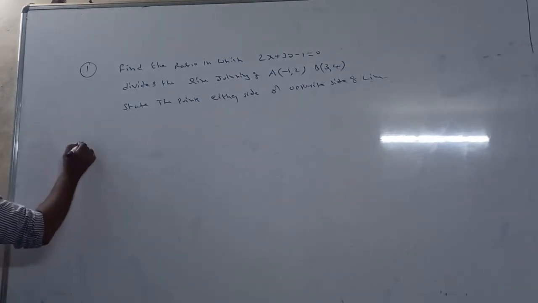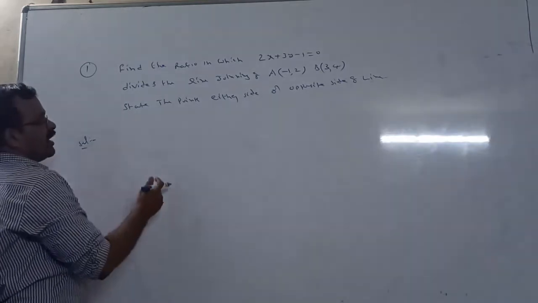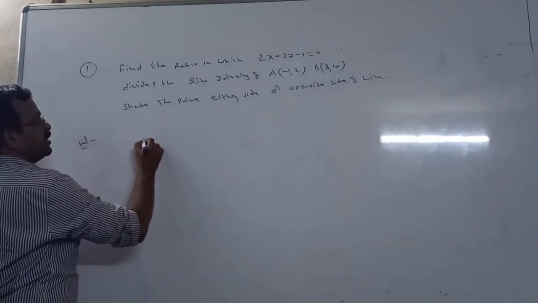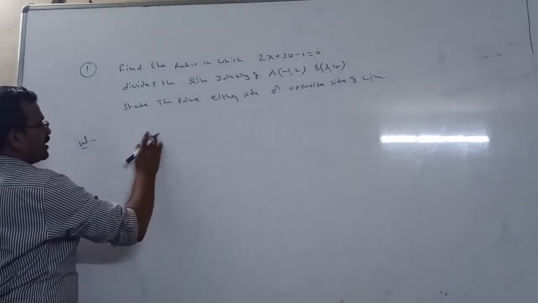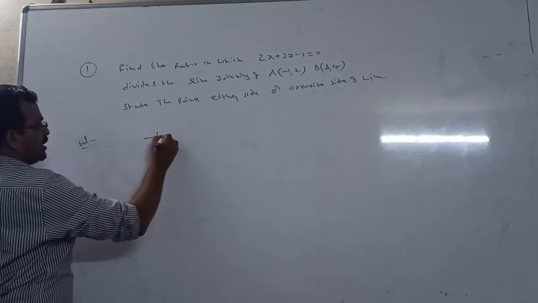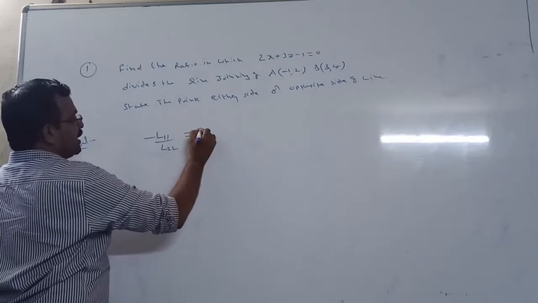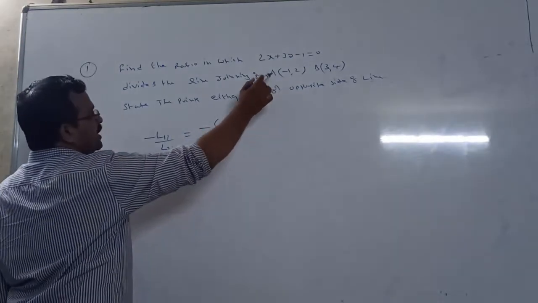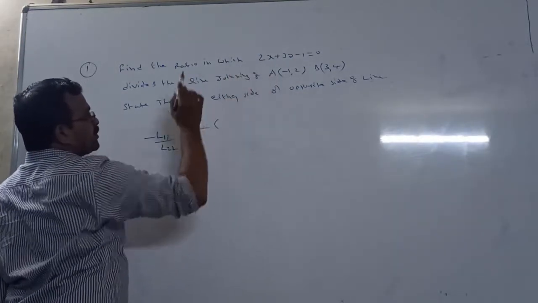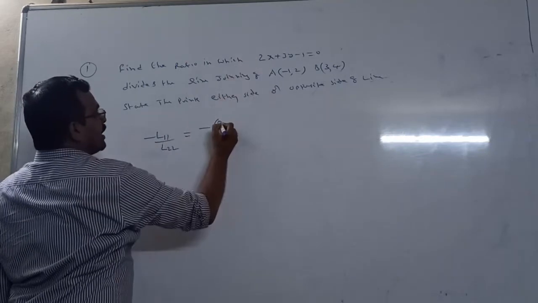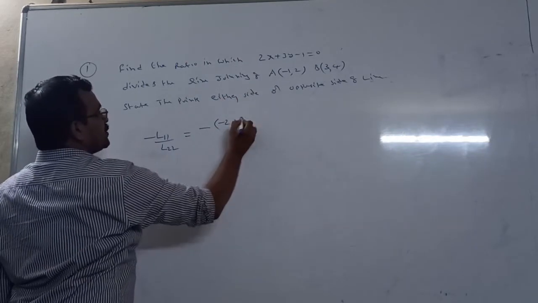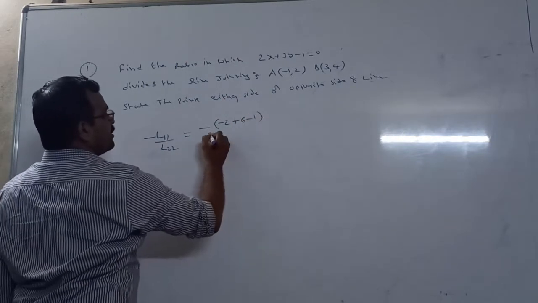So how do you use this concept? First of all, I find the ratio. The required ratio is minus L11 by L22. Minus L11 means the first point you can substitute in the line: 2 into minus 1 minus 2, 3 to the 6 minus 1.